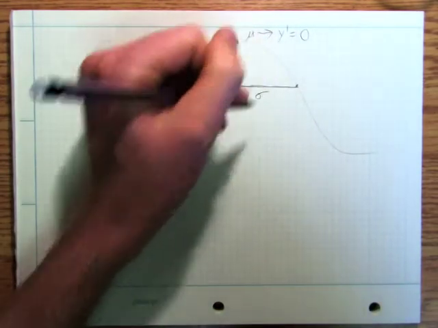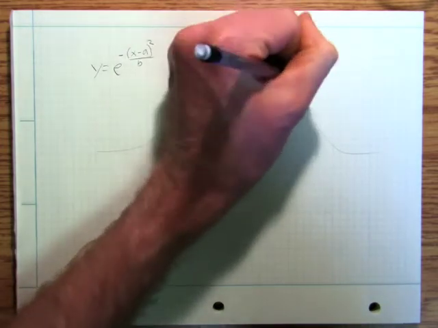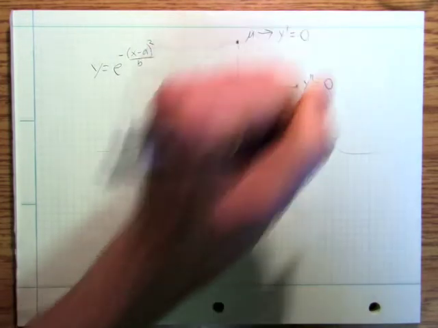Sigma is where y double prime is equal to 0.